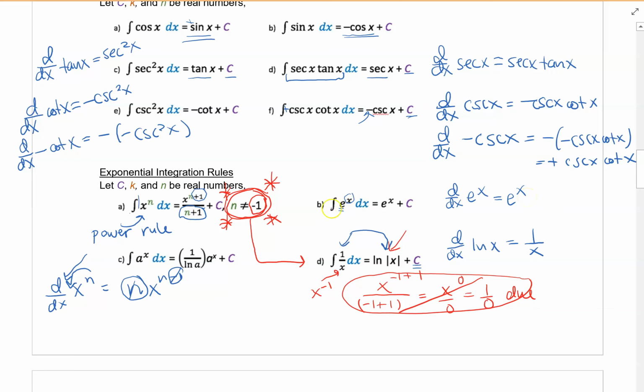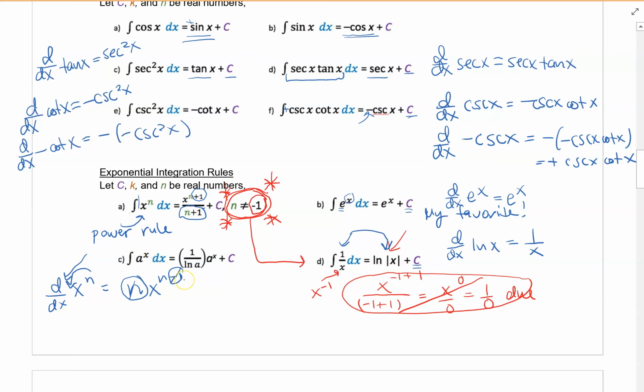When you take the antiderivative of e to the x, it also just equals itself and then plus a constant. So the derivative of e to the x is e to the x, and the antiderivative of e to the x is e to the x. It is my favorite. Mi favorito. It's the easiest to remember. Now, a to the x comes in a close second because it's almost like that.